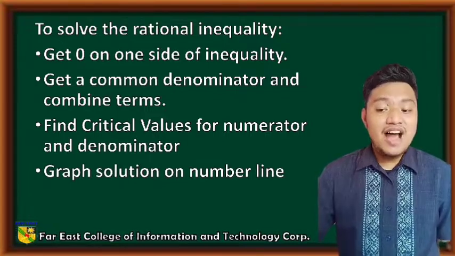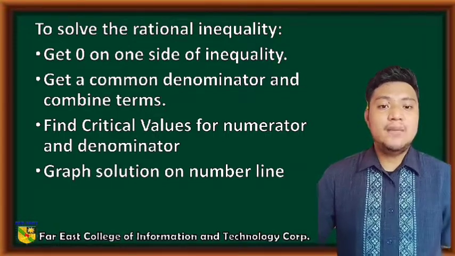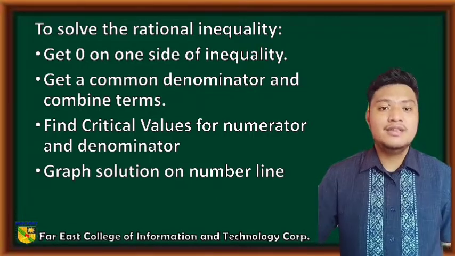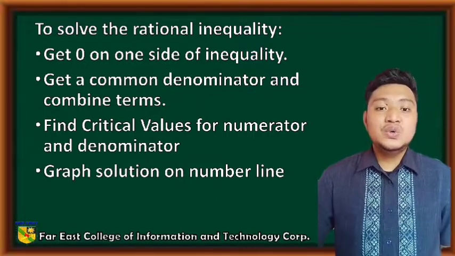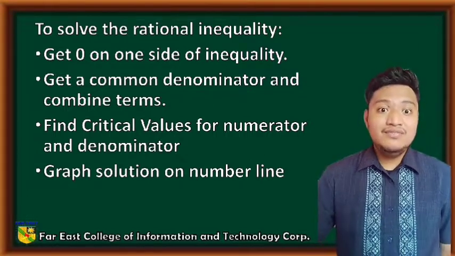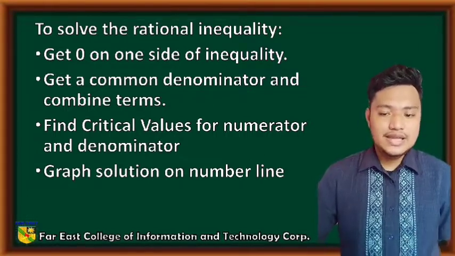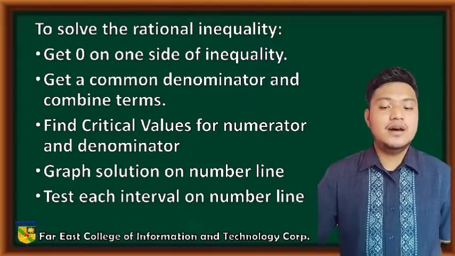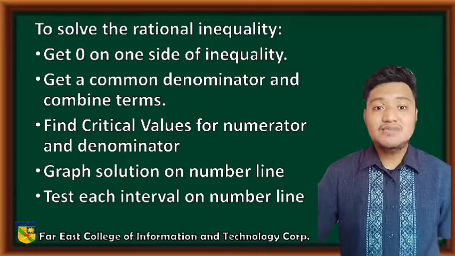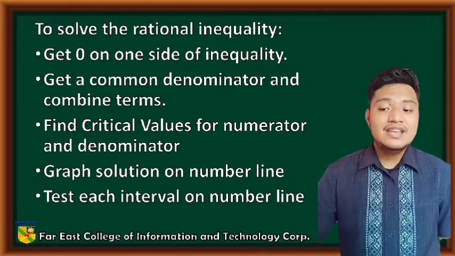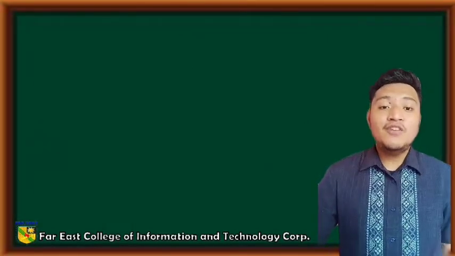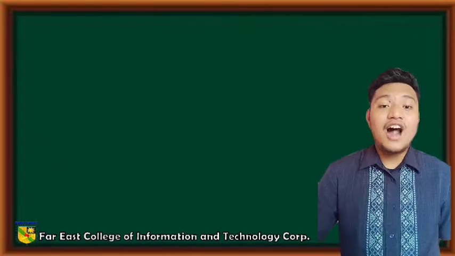Next is graph the solution on the number line, and then test each interval on the number line. But the last two, 4 and 5, we cannot graph. The purpose here is how to solve the rational inequality.